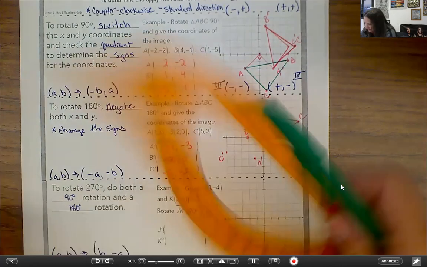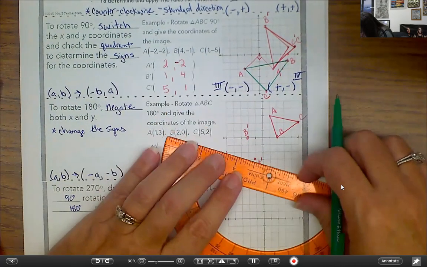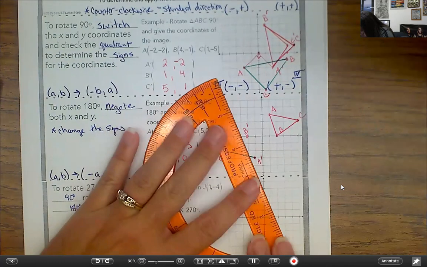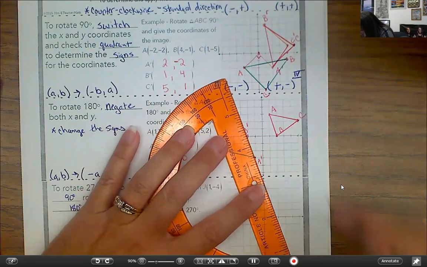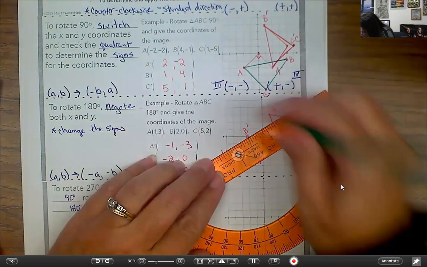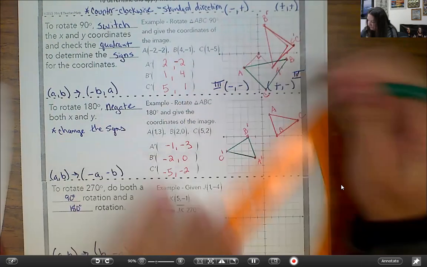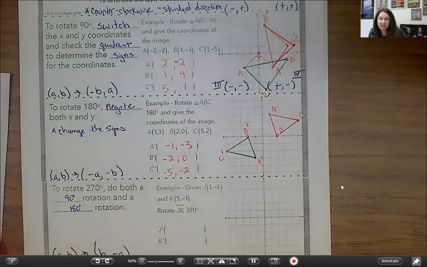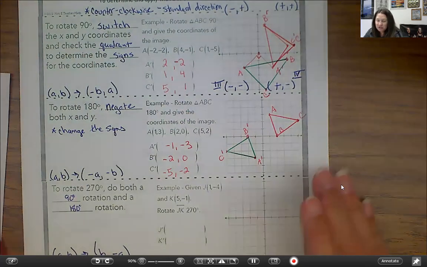I'll put this one in green just so that we see a different color. Okay, and it should look like the triangle turned and moved exactly 2 quadrants.